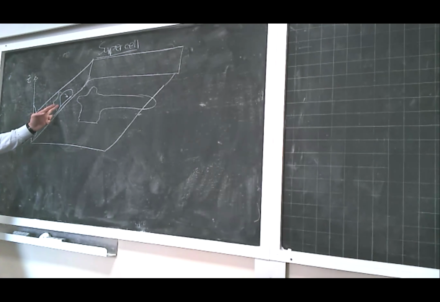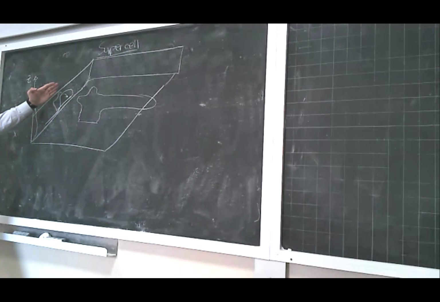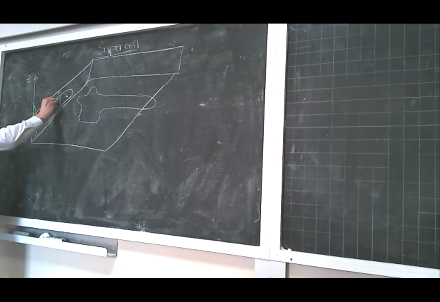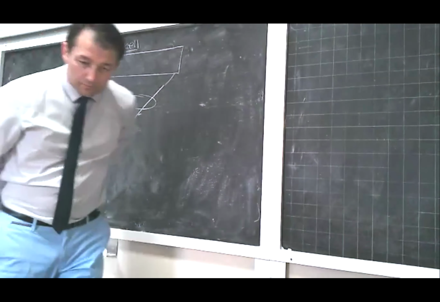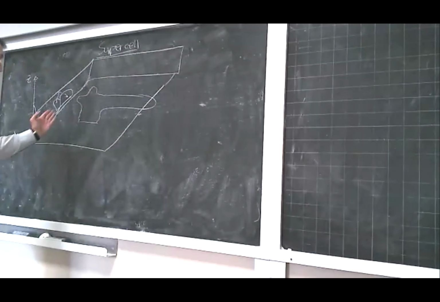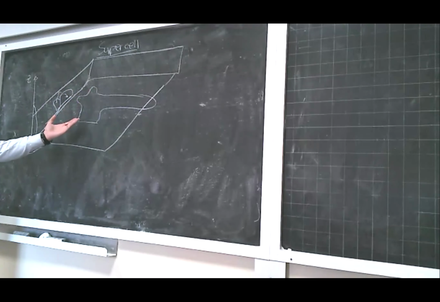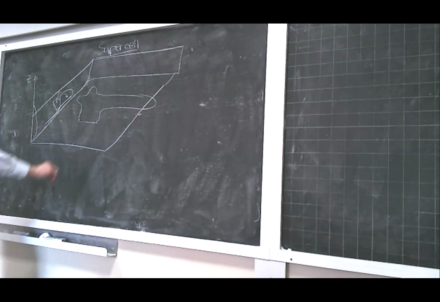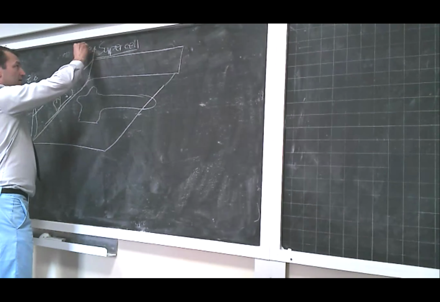So you have a very strong updraft that also overshoots, creating this overshooting top in the stratosphere, and then it descends like so. And part of it can also descend in this direction, but mostly like so. Okay? Is that clear, what I plotted here? Now we plot storm relative winds if I look into the storm from here. Now, this is again height Z.